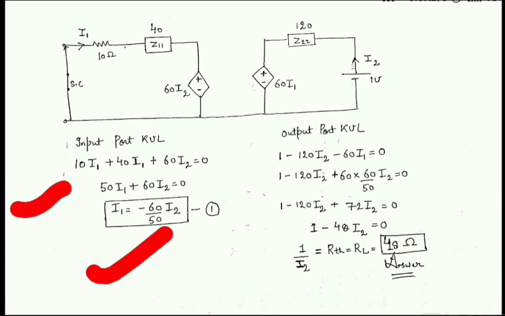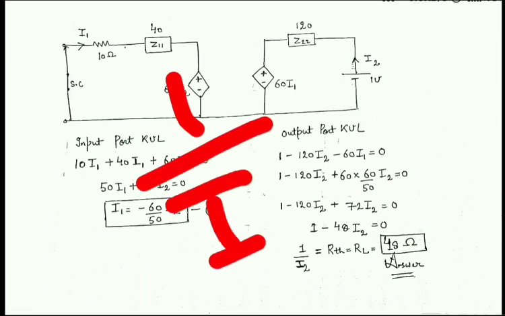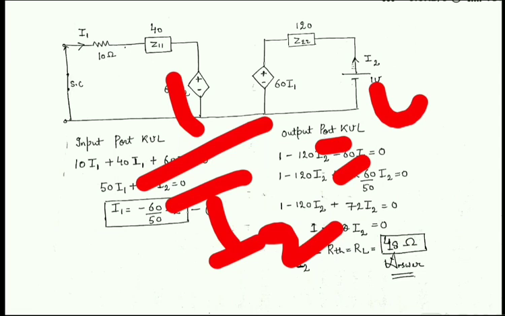Likewise I just wrote down the equation for the output port, that is 1 minus 120 I2 minus 60 I1 equals 0, and from equation 1 I just put the value of I1, and from this I get the expression 1 minus 48 I2, and from this I have calculated the value of 1 upon I2, and 1 upon I2 comes to be 48.